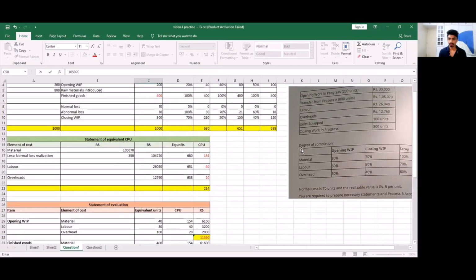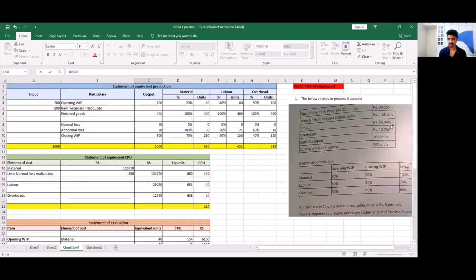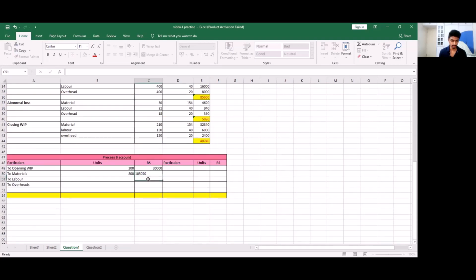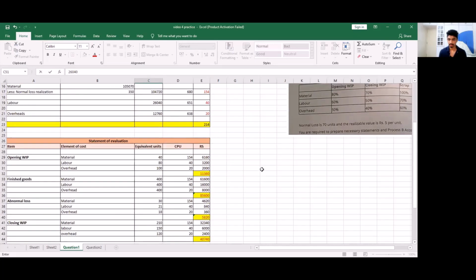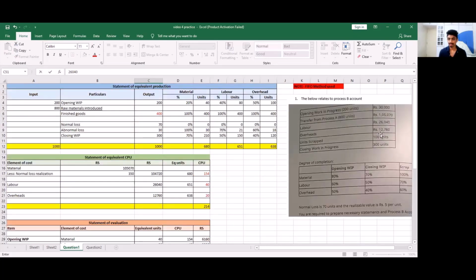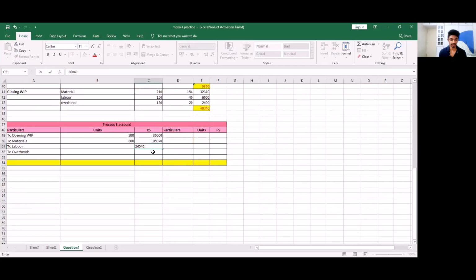For labor and overheads, we don't have units, but our cost is 26,040 for labor, and 12,760 for overheads. Now we go on to our credit side.